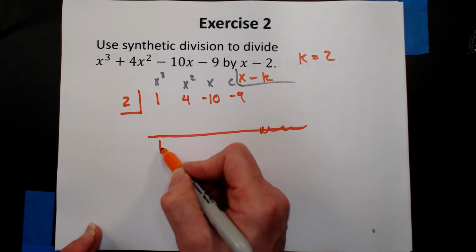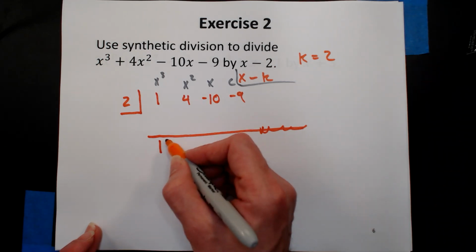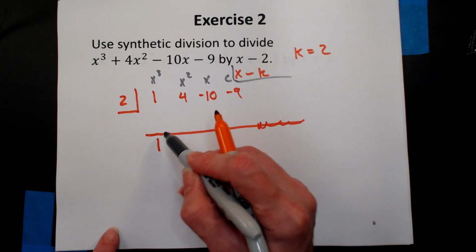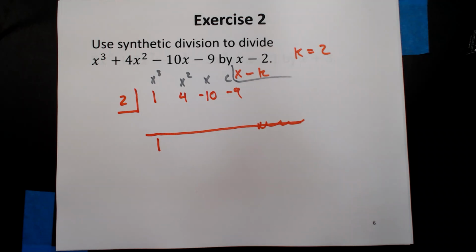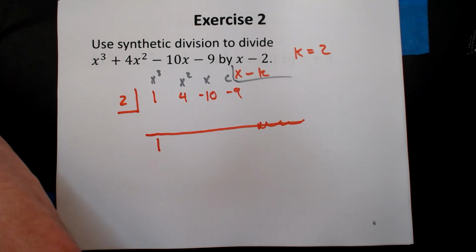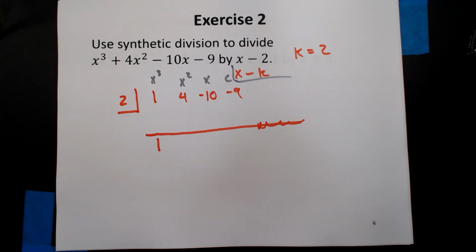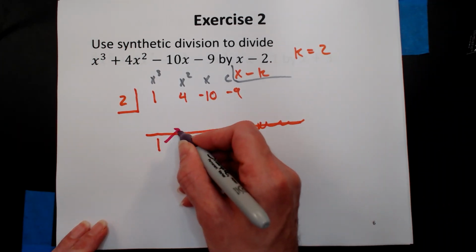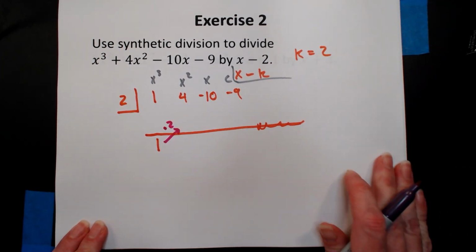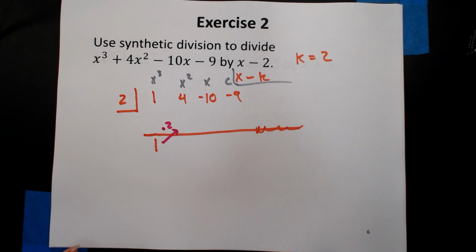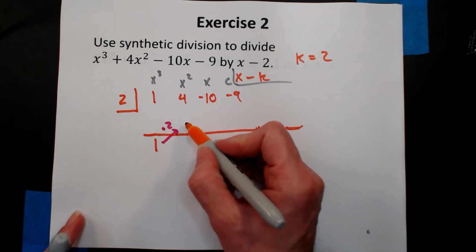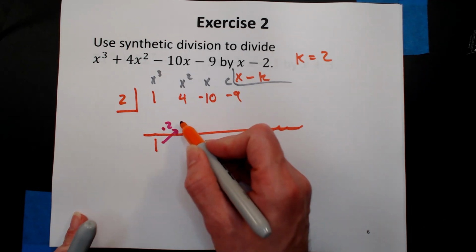So I have 2 times 1. I'm going to grab a different color here. I'm going to move this up and to the right, and I'm going to multiply it by 2, because that's what I'm multiplying by right there. So 1 times 2 is 2.